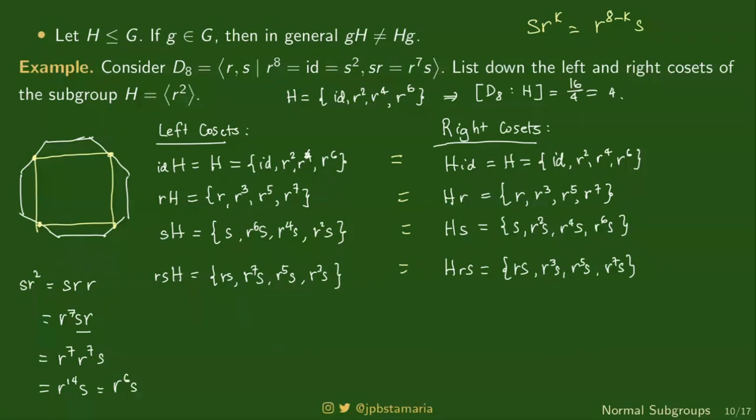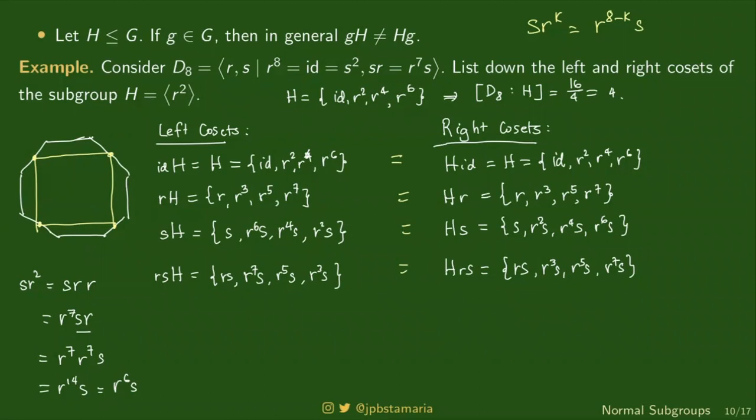No? But in this example, as you can see, this choice of H is quite unexpected because with this choice of a subgroup, whether you look at the left cosets or the right cosets, they actually partition the group the same way.